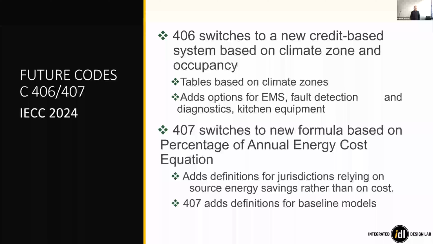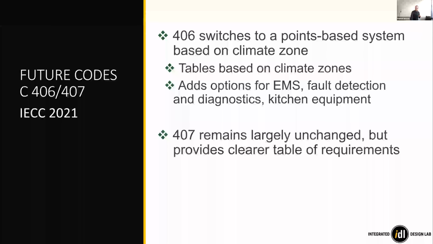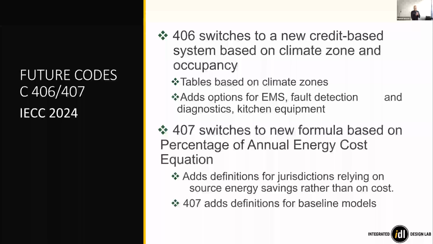So in 2024 IECC, instead of a point-based system just based on climate zone, now we've got a new credit-based system that's based on both the climate zone and the building occupancy. And so it gives you a couple of tables.